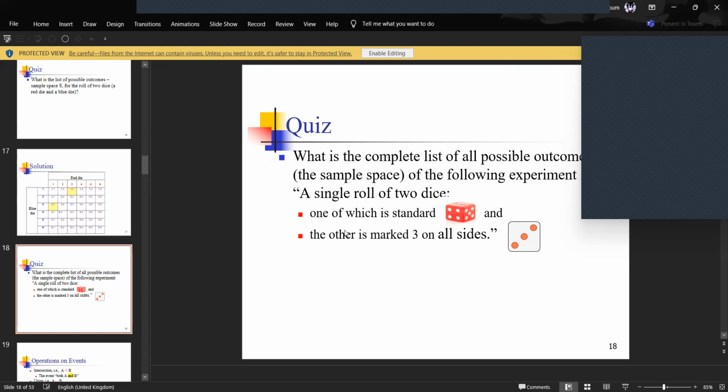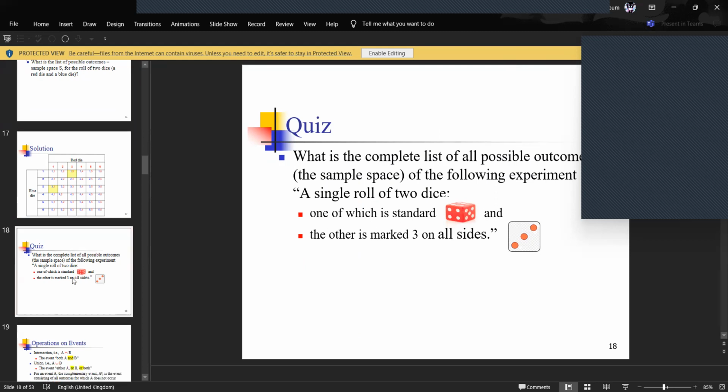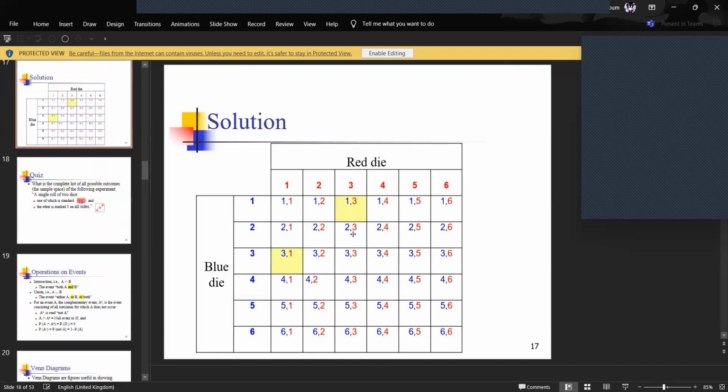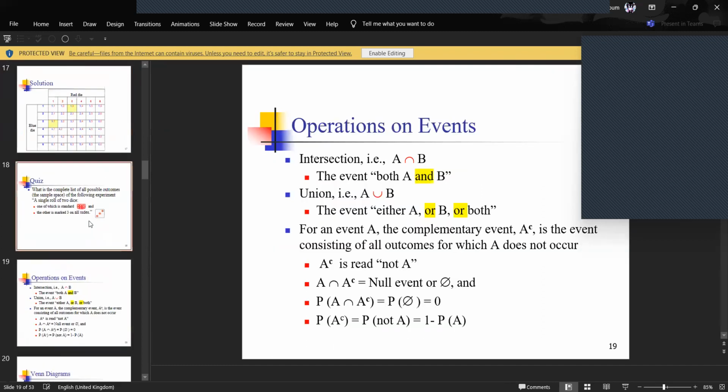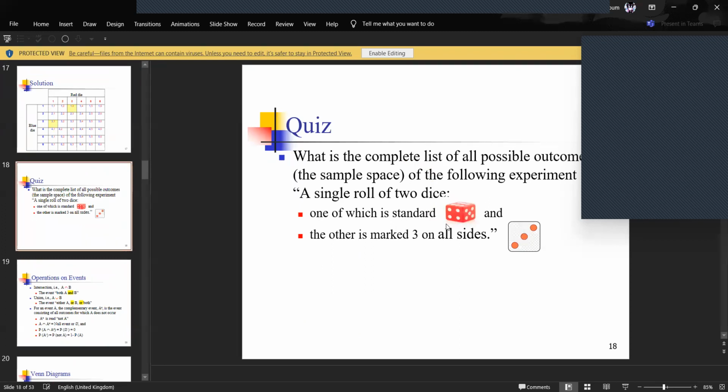A single roll of 2 dice, one of which is standard, and the other one has 3 on all sides. And so the sample space would just look like 1, 2, 3, 4, 5, 6 for this die, and then 3 for the other die because it has 3 on every side. All right.